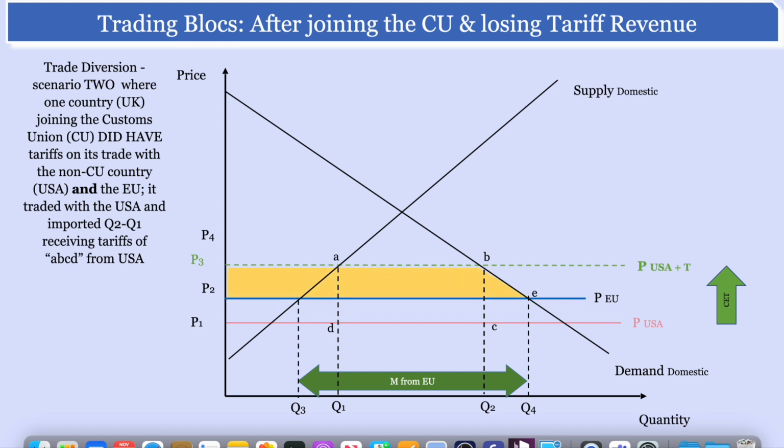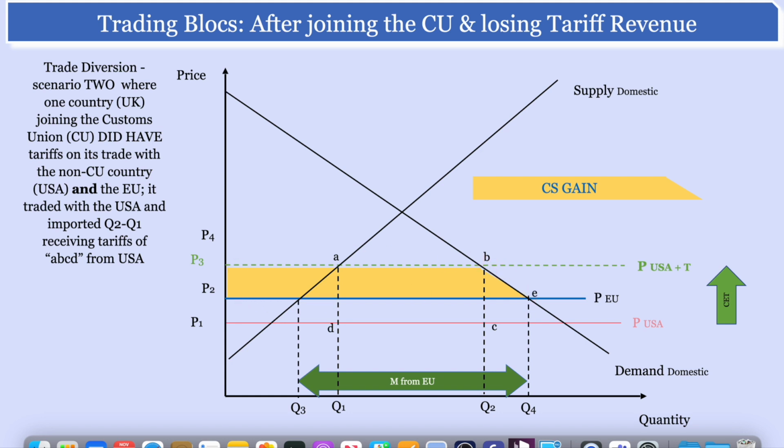But there is now a consumer surplus gain, because we were buying it from the US at this price when we had the tariff on. The EU, I've left the P4, that was the EU tariff price. We were buying it at P3, we're now buying it at P2 because we can't put a tariff on the EU. So the price has gone down, which leads to a consumer surplus gain.